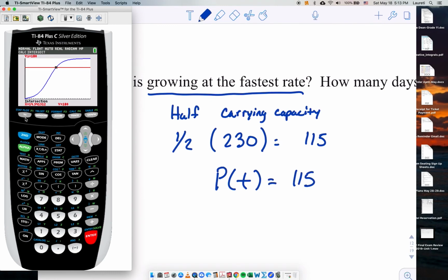So I'm going to go back to y equals, plug in 115, and then graph. So we're going to do trace. And my answer, 10.879 days.